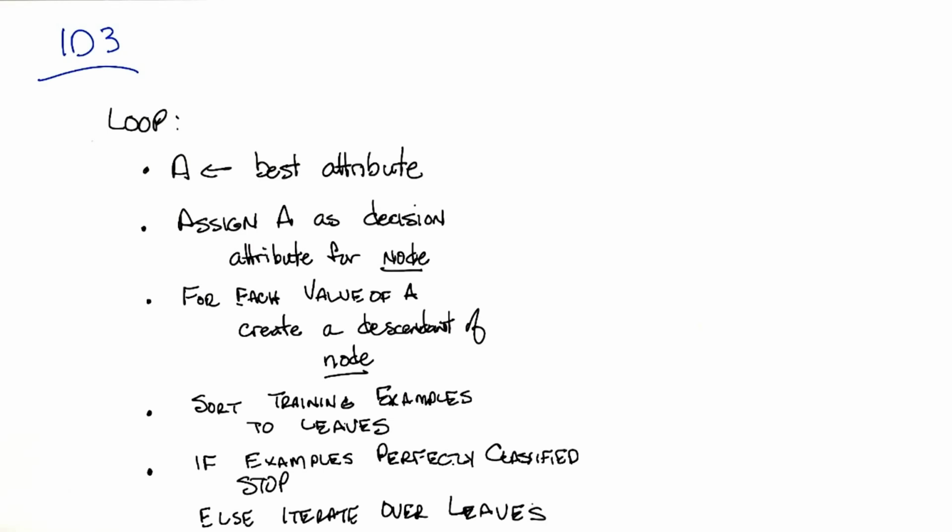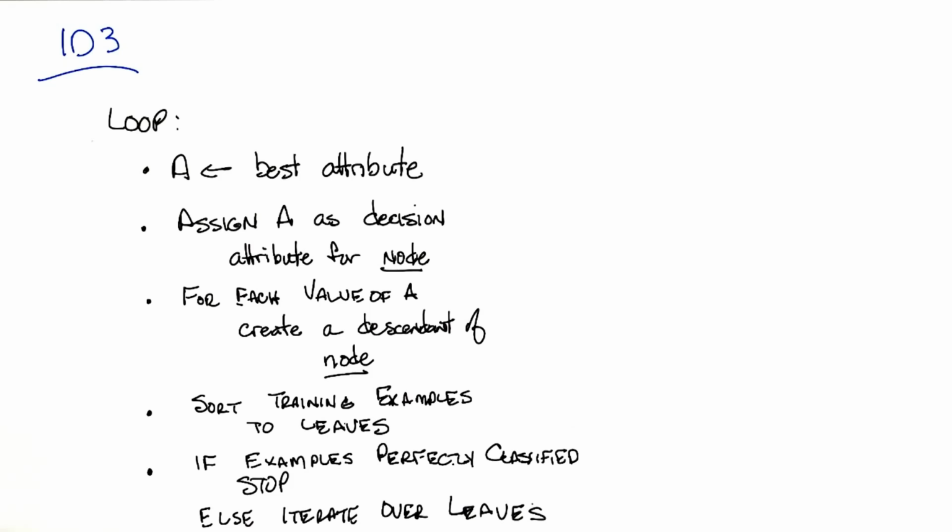Then for each value that the attribute A can take on, create a descendant of the node, and sort the training examples to those leaves based upon exactly what values they take on. If you've perfectly classified your training set, then you stop. Otherwise, you iterate over each of those leaves, picking the best attribute in turn for the training examples that were sorted into that leaf, and you keep doing that, building up the tree until you're done.